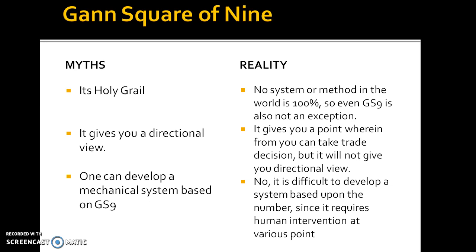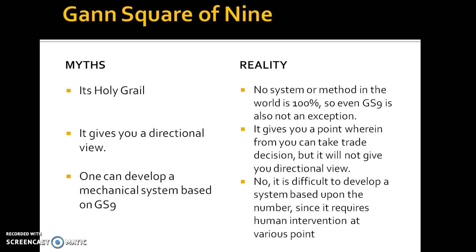Maybe some algo can be built upon the Gann Square of 9, but I doubt it, as the results will vary from person to person and maybe from algo to algo. So it is a little difficult to develop a system based on Gann Square of 9.